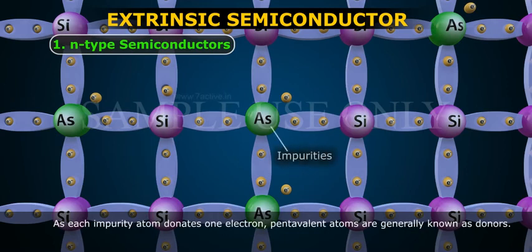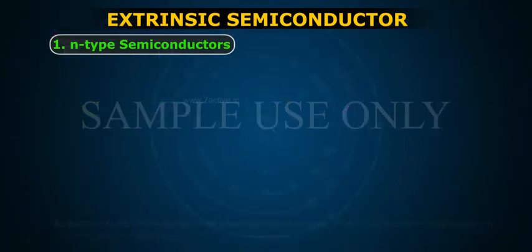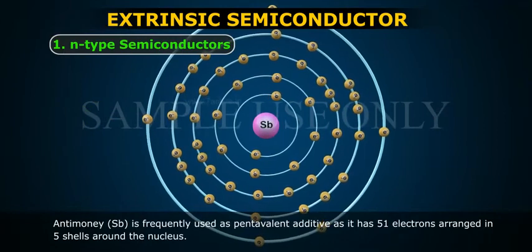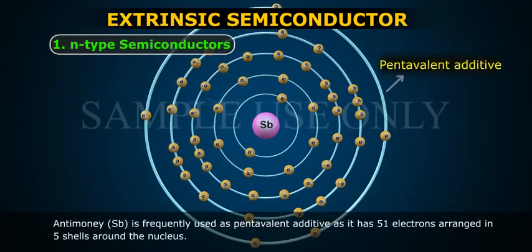As each impurity atom donates 1 electron, pentavalent atoms are generally known as donors. Antimony, Sb, is frequently used as a pentavalent additive, as it has 51 electrons arranged in 5 shells around the nucleus.